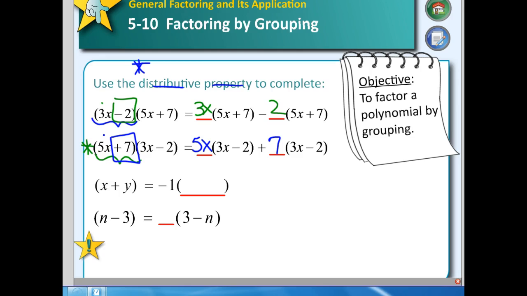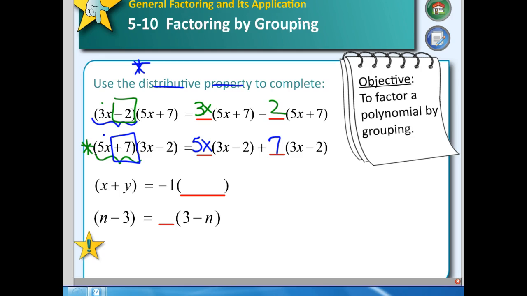Basically, if I multiply something by negative 1, it takes it and changes everybody's sign. So we're going to use that idea of multiplying something by negative 1 to change signs.